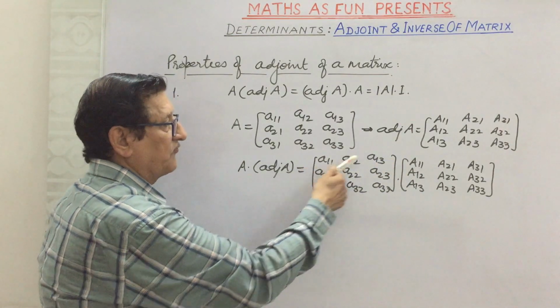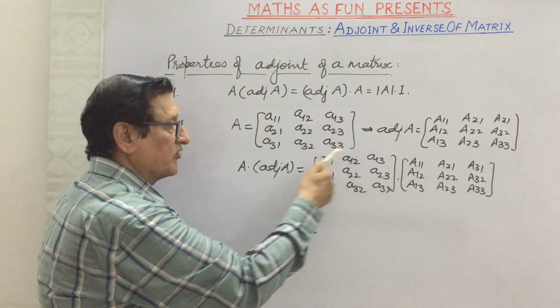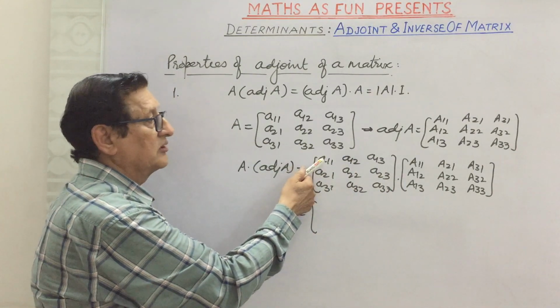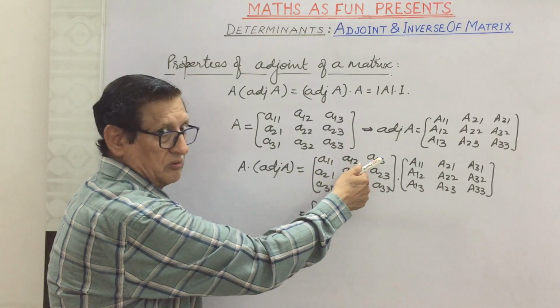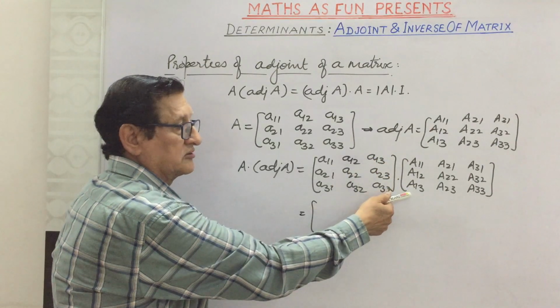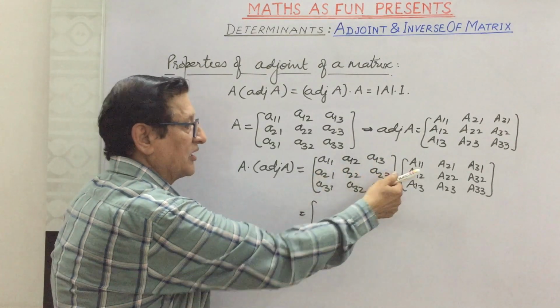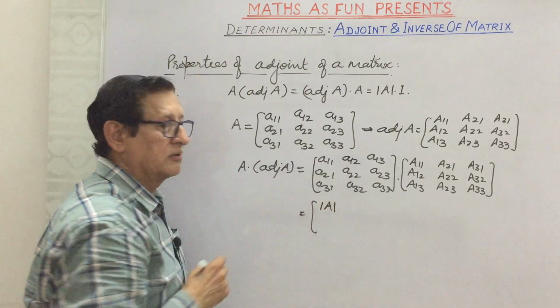If we multiply the first row to first column, we know that the product of the elements of any of the row with their cofactors, the sum of them is determinant A.